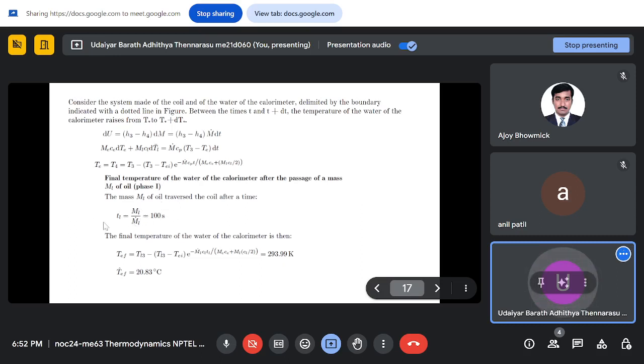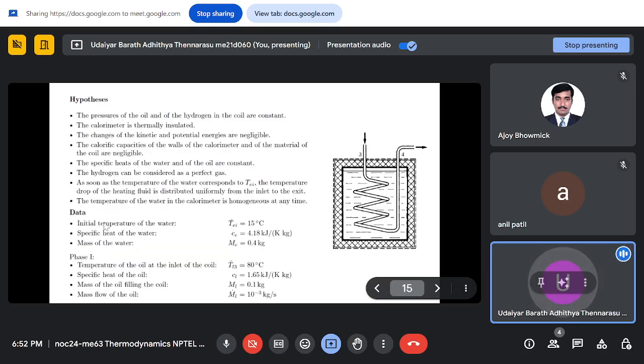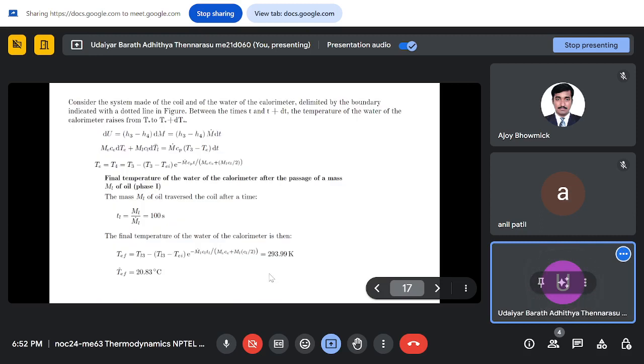From there we have found the time, and the other known is 80 degrees Celsius, which is T3, and the water temperature, which is given as 15 degrees Celsius, and we know the specific heats of both water and oil. On substituting in the expression, we can find the water temperature and also the exit temperature of the oil, which will come out to be 20.83 degrees Celsius.